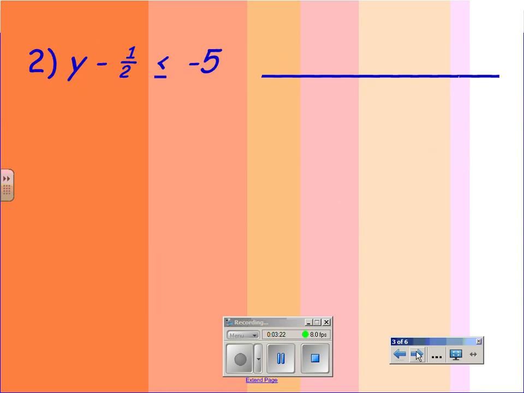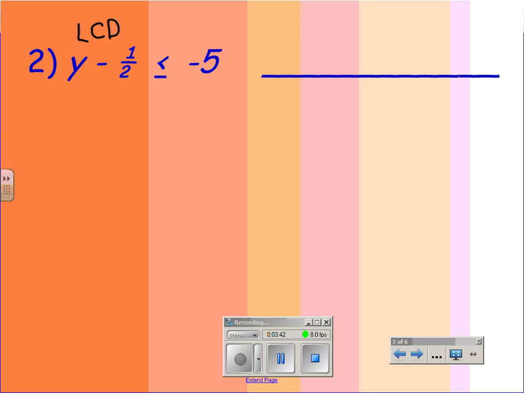Number 2, I see a fraction, and we know that when we see a fraction in an equation, the first thing that we need to do is eliminate it or clear the equation of fractions. Well, the same thing holds true for an inequality. So our LCD, I always want you to list that, is of course 2.